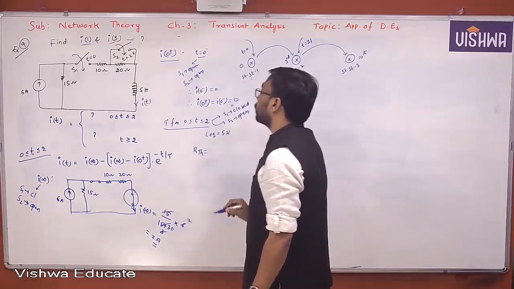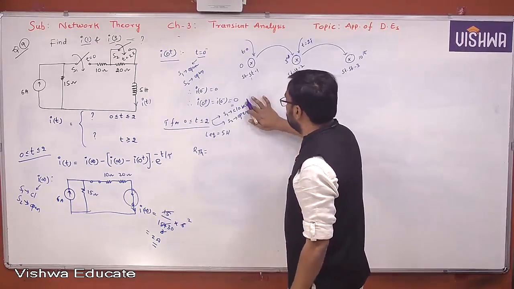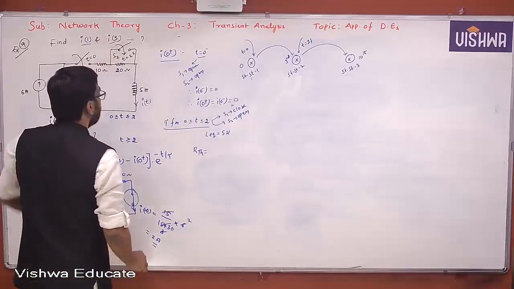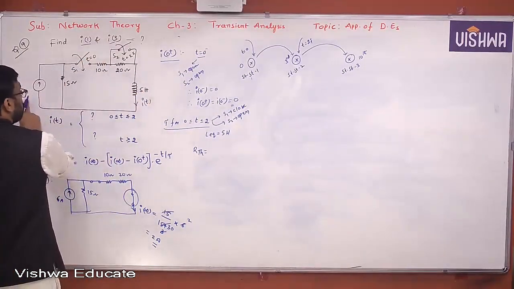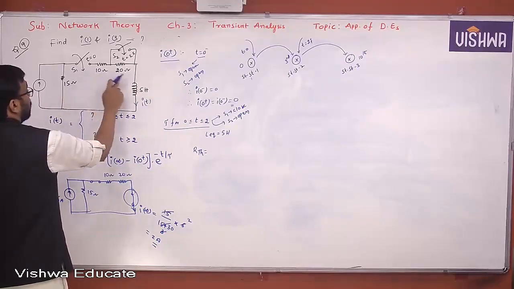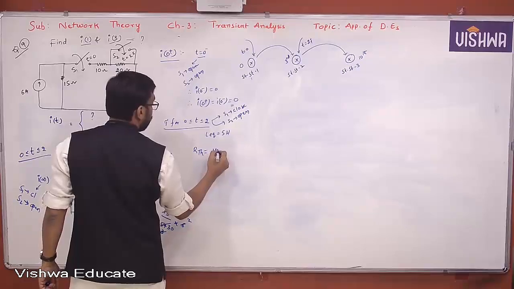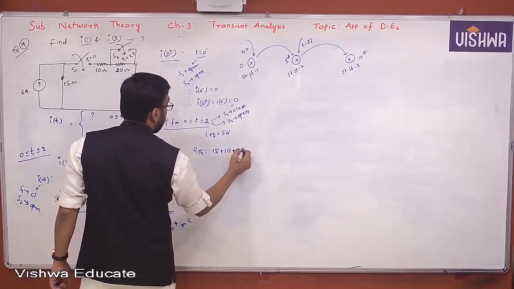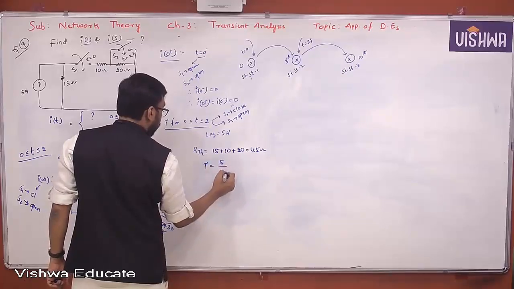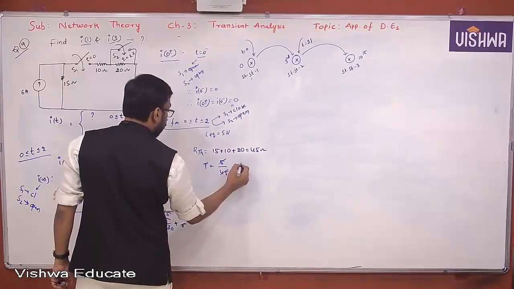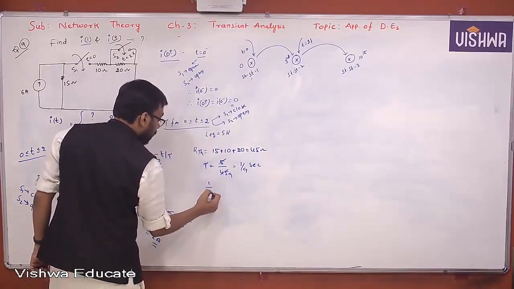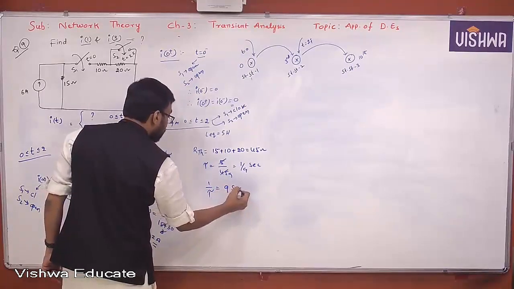S1 closed and S2 open, right? Then what will happen here? L equivalent is 5 Henry and this is open circuit for RTH. When you are looking into the network, it is 15 plus 10 plus 20, which is 45 ohm. Therefore, tau will become 5 by 45, that is 1 by 9 second. But 1 by tau is generally what you require: 9 per second.